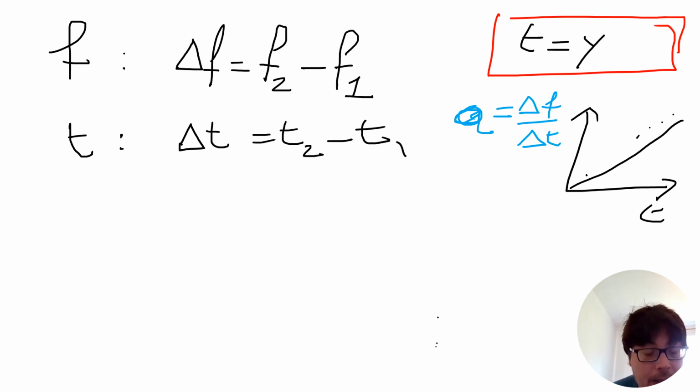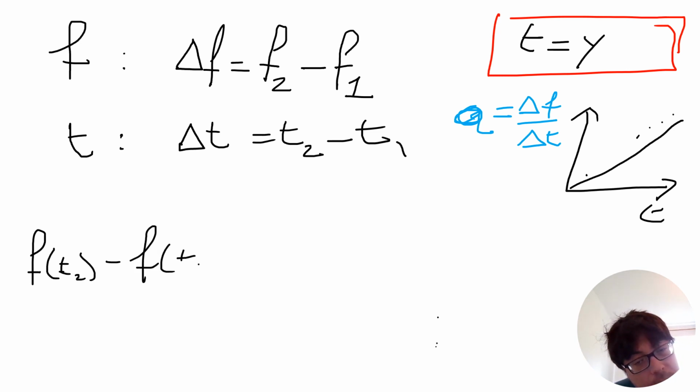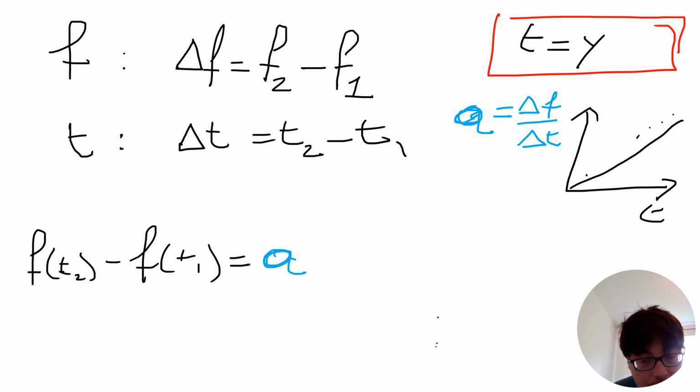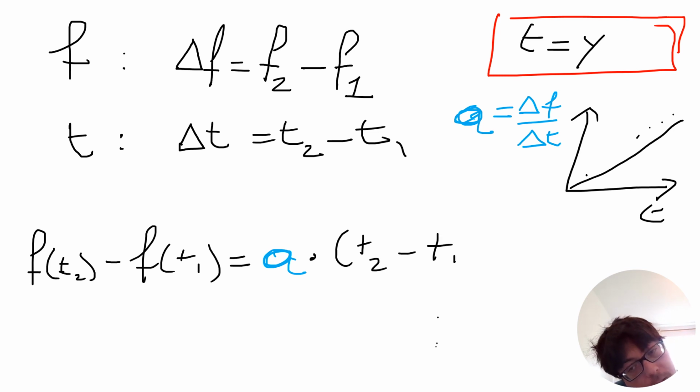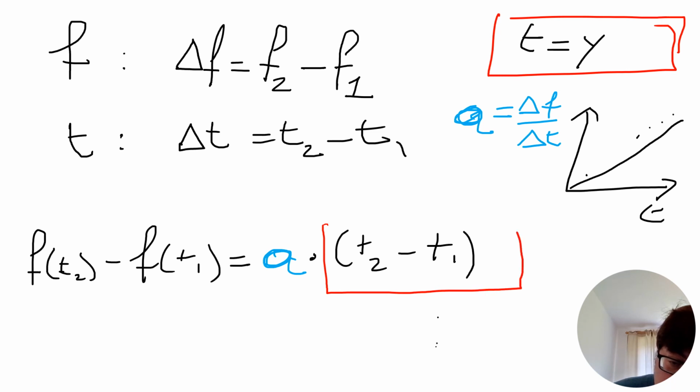How do we do it? So we know that the difference of two points, f of t2 in this case, minus f of t1 can be written as a times t2 minus t1. It looks like I'm juggling with the numbers, but if you look carefully, I didn't do anything wrong or crazy here.